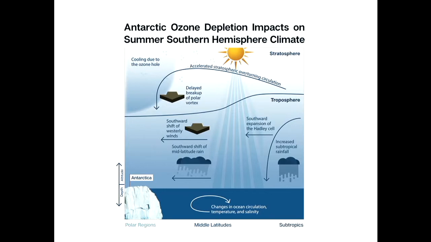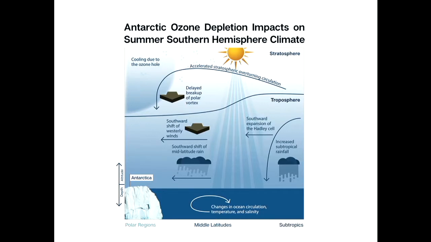Ozone causes warming, and so if you deplete the ozone, then you have cooling happening in the polar stratosphere, and that basically steepens the meridional temperature gradient between the tropics and the pole. That's the simple explanation, and that then shifts the westerly winds poleward. Greenhouse gases also shift the westerly winds poleward because they warm the troposphere more than they warm the polar region, and so you also steepen this meridional temperature gradient, and that also shifts the winds poleward. Was that your question? Yeah.